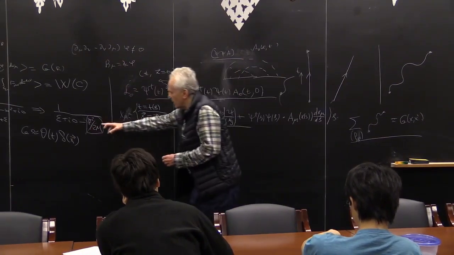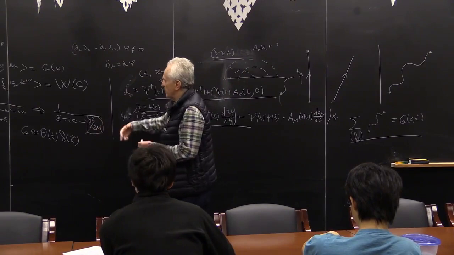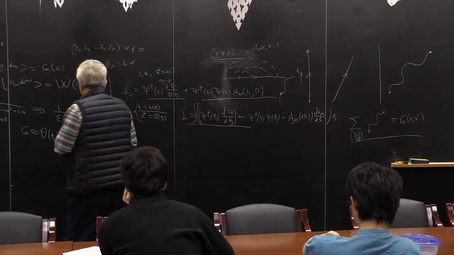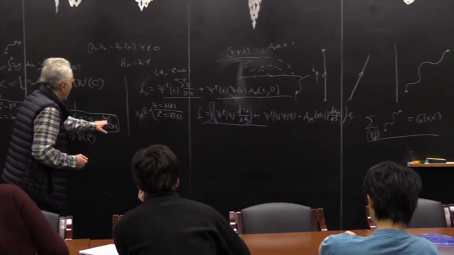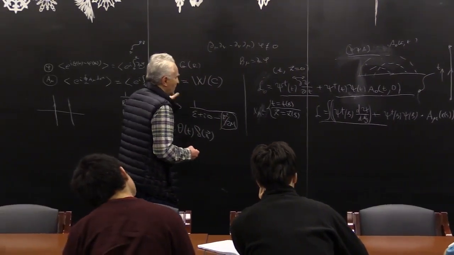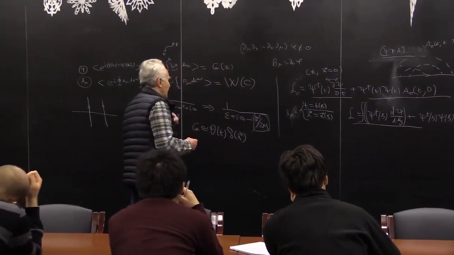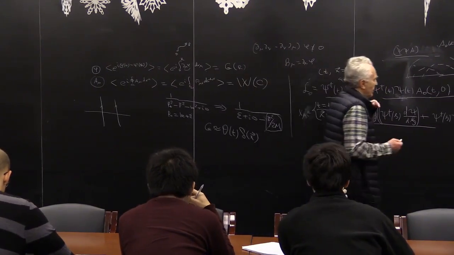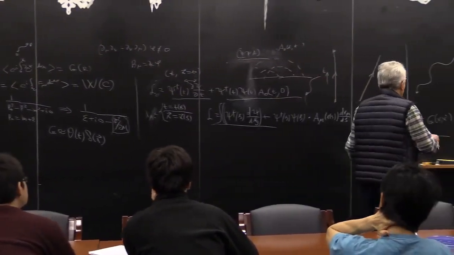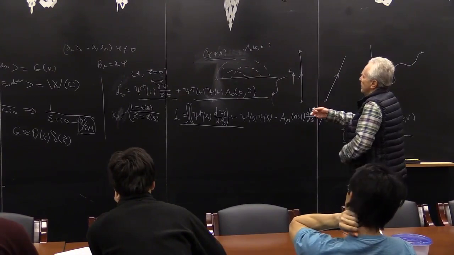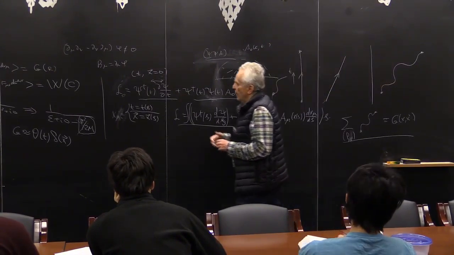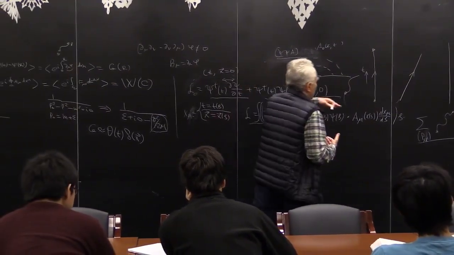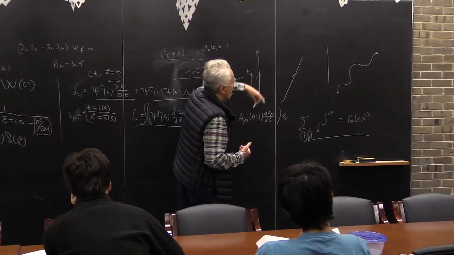And it's because of this term you have the uncertainty principle and things like that. If you have no p square, then the particle can be located at a particular trajectory.